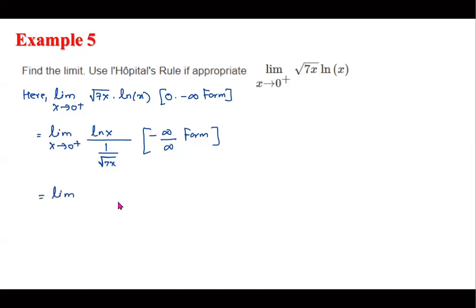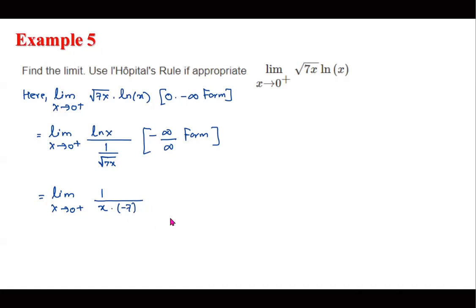This is equal to the limit as x approaches 0. The numerator will be, if we find the derivative of the numerator, the derivative of natural log x is 1 over x. And the derivative of 1 over the square root of 7x will be negative 7 over, we have to divide here.